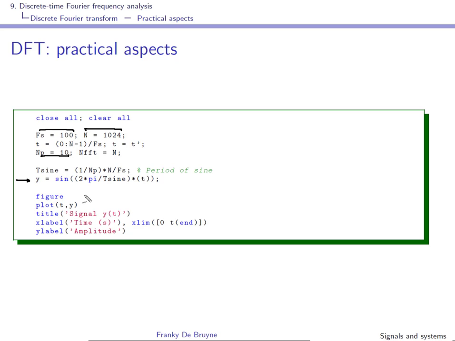We want that when we take this vector and repeat it, we have continuity. Note that the period of the sine will be slightly over 1 second. To be exact, it is 1.024 seconds.